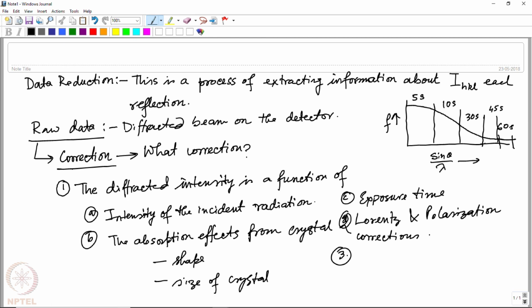Number 3 is crystal decay during data collection.